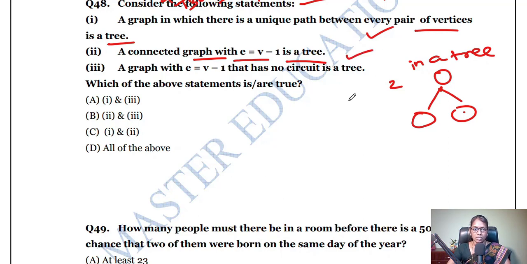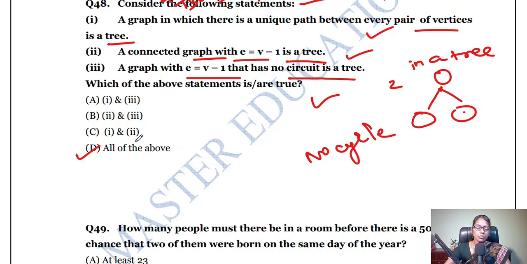So this statement is also correct. The next statement: a graph with edges equal to vertices minus 1 that has no circuit is a tree. Correct, there is no cycle in a tree. So that's also correct. So all of the above is the answer.